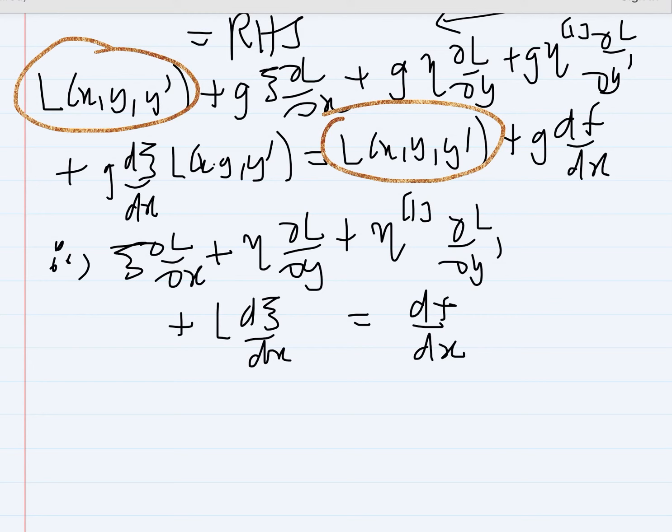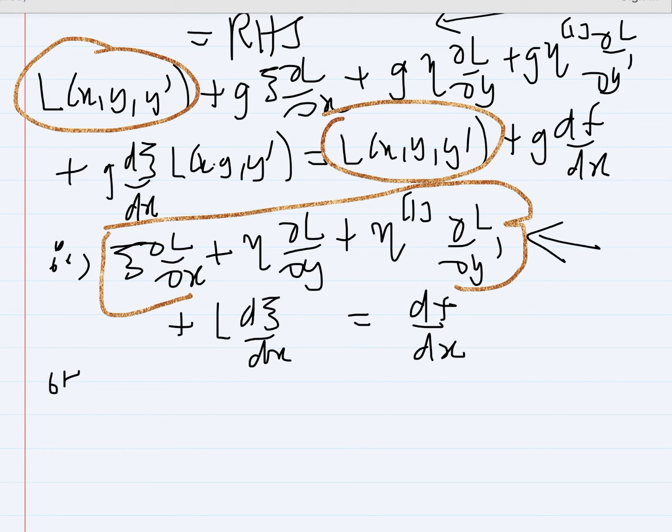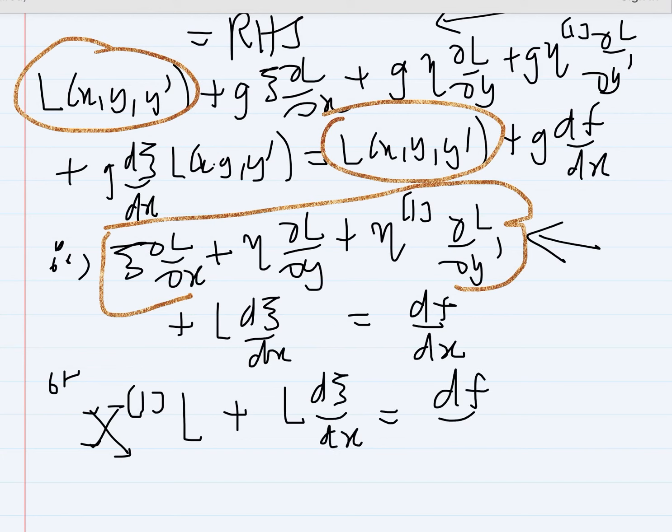You notice that these three terms, in fact, if you look at closely, that is your operator X, your vector field X operating on L, but prolonged up to first order derivatives. So the left hand side, at least the part that I've indicated, which is that part there, is in fact your vector field X prolonged acting on L plus L d xi/dx equals df/dx.